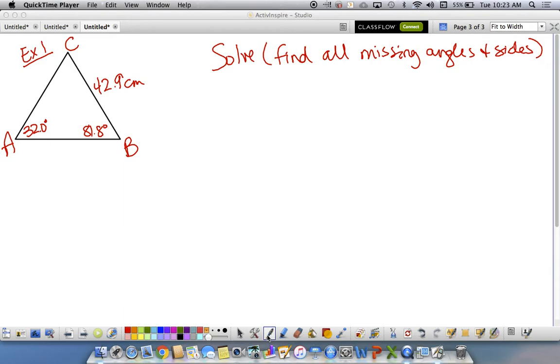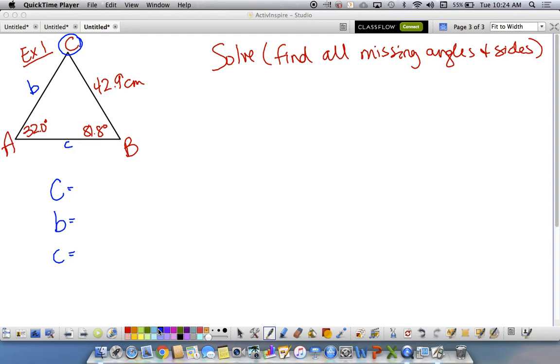All of those have 3 sig figs. And it says solve all the missing angles and sides. So we're here solving this. First off, what do we need to know? I need to know angle C. What's the measure of angle C? I also need side B, and I need side C. So I'm going to have to solve for 3 things.